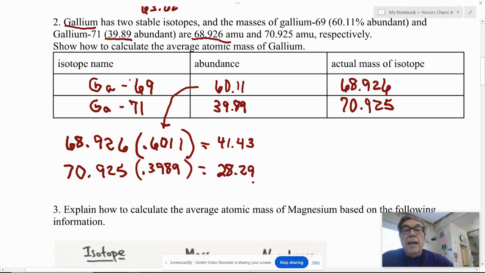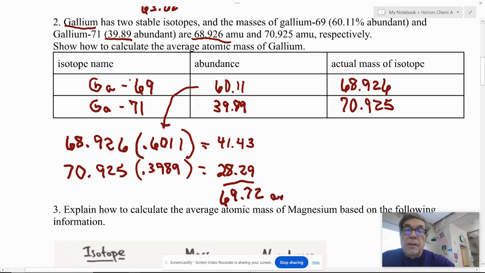Now, when we get our answer, we're going to expect it to be between 71 and 69, right? And we're going to expect it to be closer to 69 because that has the largest abundance. So if we add these together, hopefully you've checked my work, I'm getting 69.72.